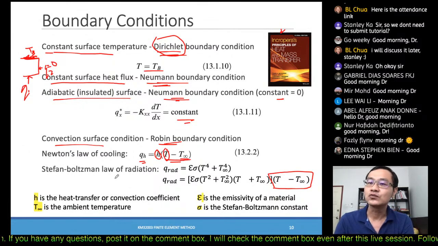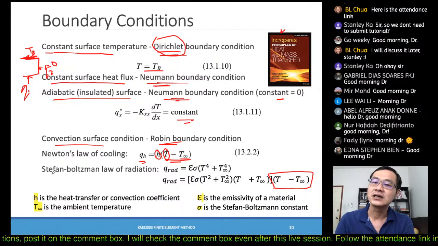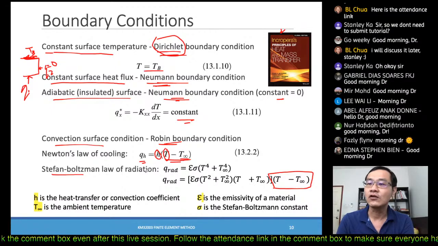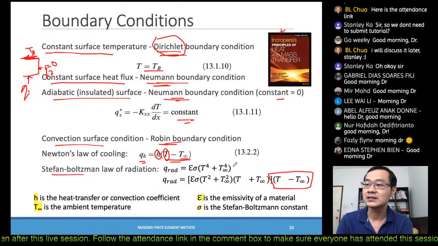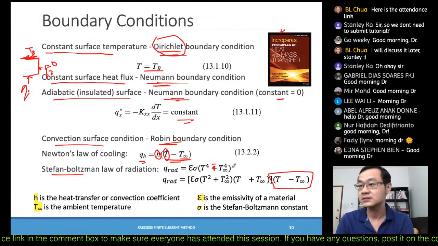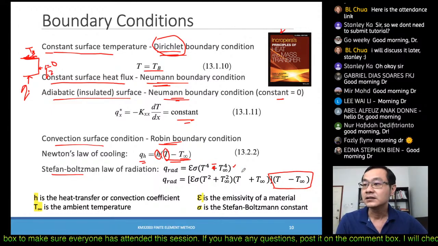How we would apply that is in the radiation type. There is the Stefan-Boltzmann law of radiation, given by this. I think this is wrong, this should be minus.